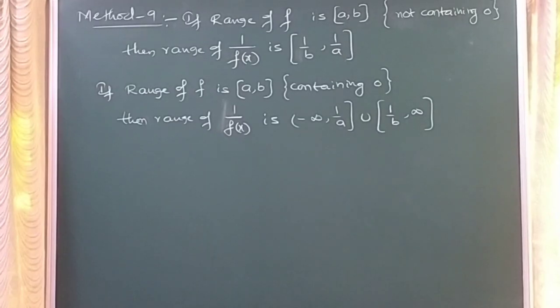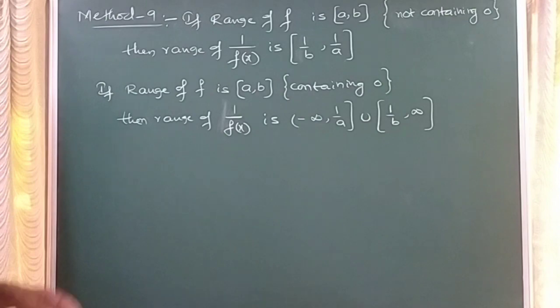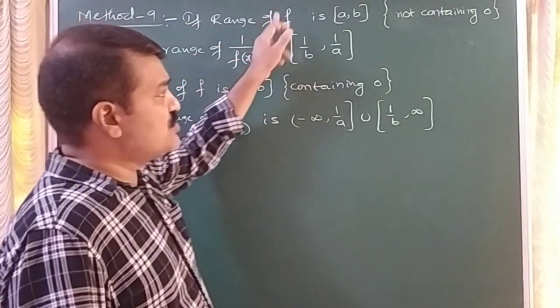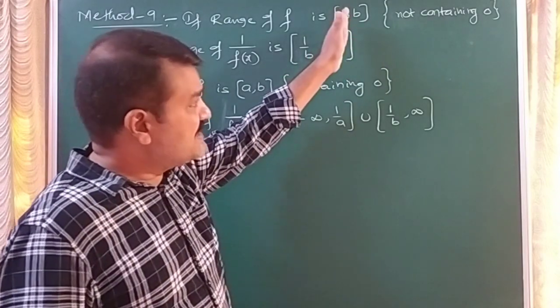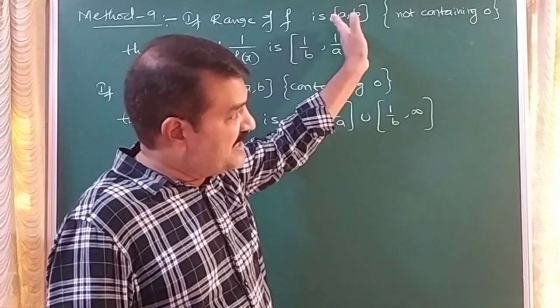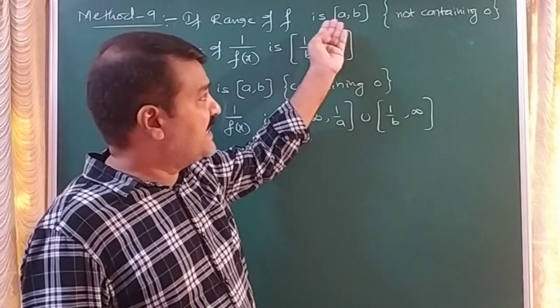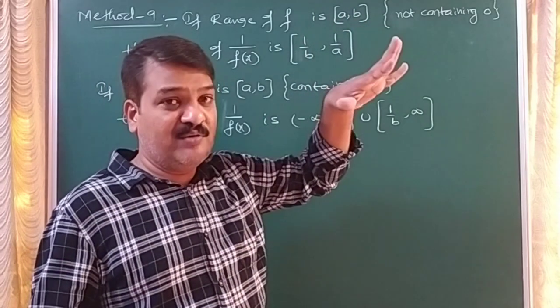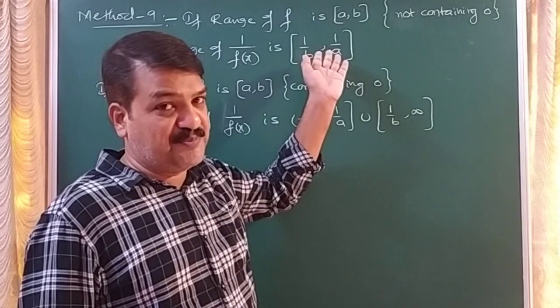Okay, now let us see method 9 to find the range of a function. So here, if range of f is known to be closed interval a comma b, and if this interval does not contain 0, that means this is purely an interval containing positive values or purely an interval containing negative values.